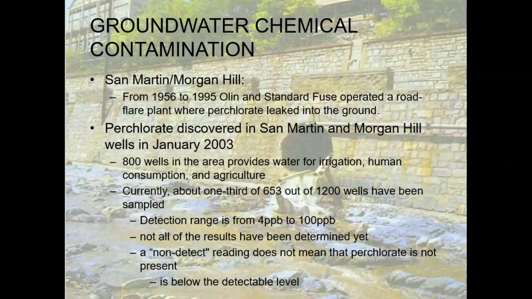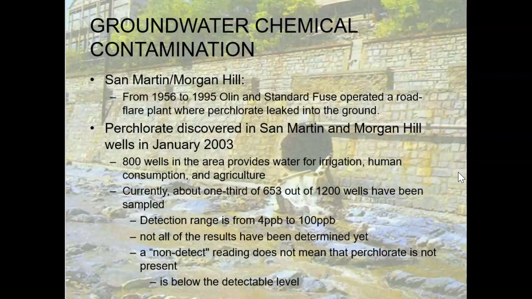Some other things about groundwater contamination in the San Martin, Morgan Hill area. There was a facility out there that was making road flares. There was another one that was actually testing rockets as well, and it was found that perchlorate from these sources was in drinking water, and it was causing problems with young people, generally people under the age of 5, I think it was.